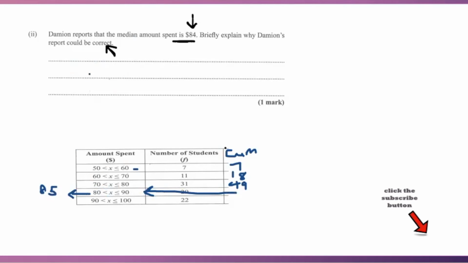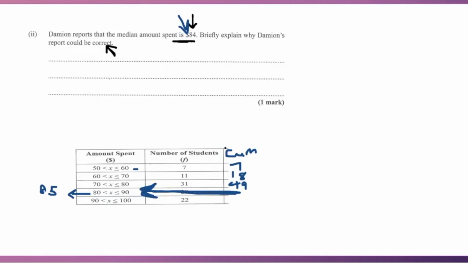So the answer for this, you would have stated that the median amount of money spent, as they said, is $84. This could be correct because the median is 4. If you realize, I just realized by looking at the cumulative frequency, this is where the 50th position will be. The 50th position is between 80 and 90, and the median for 80 and 90 is 85.